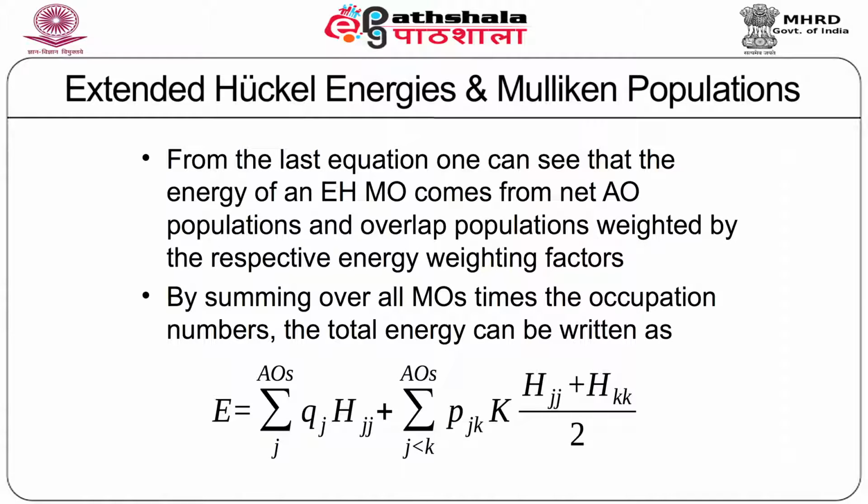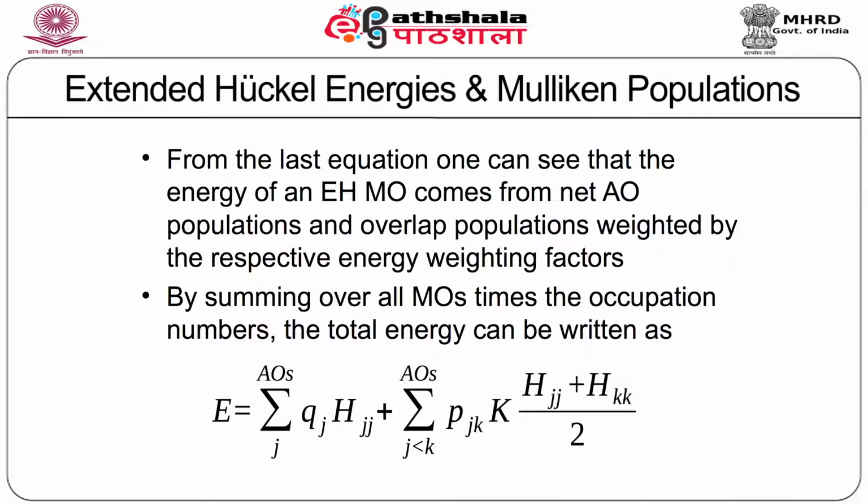From the last equation, one can see that the energy of an extended Huckel molecular orbital comes from the net AO populations and overlap populations weighted by the respective energy weighting factors.